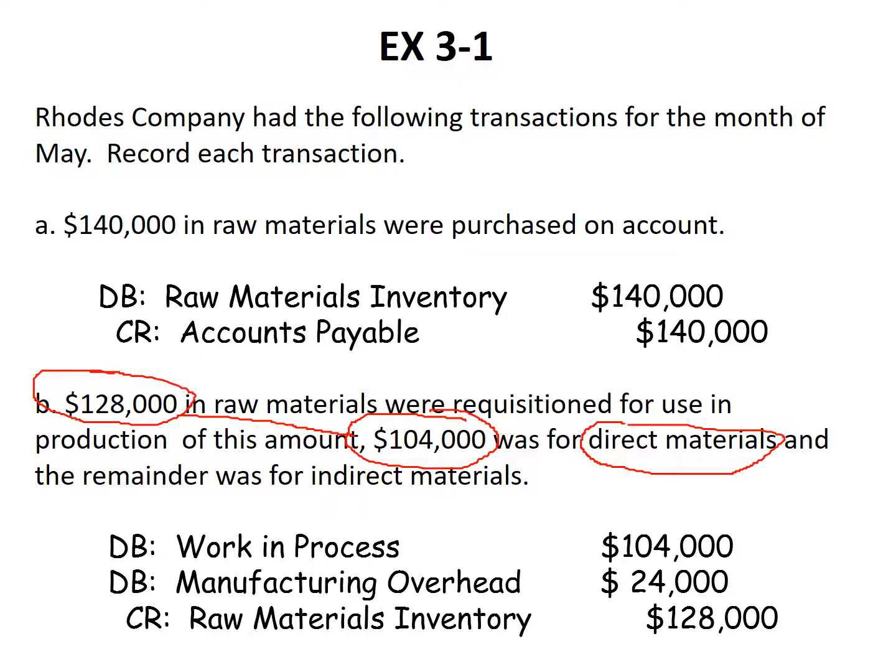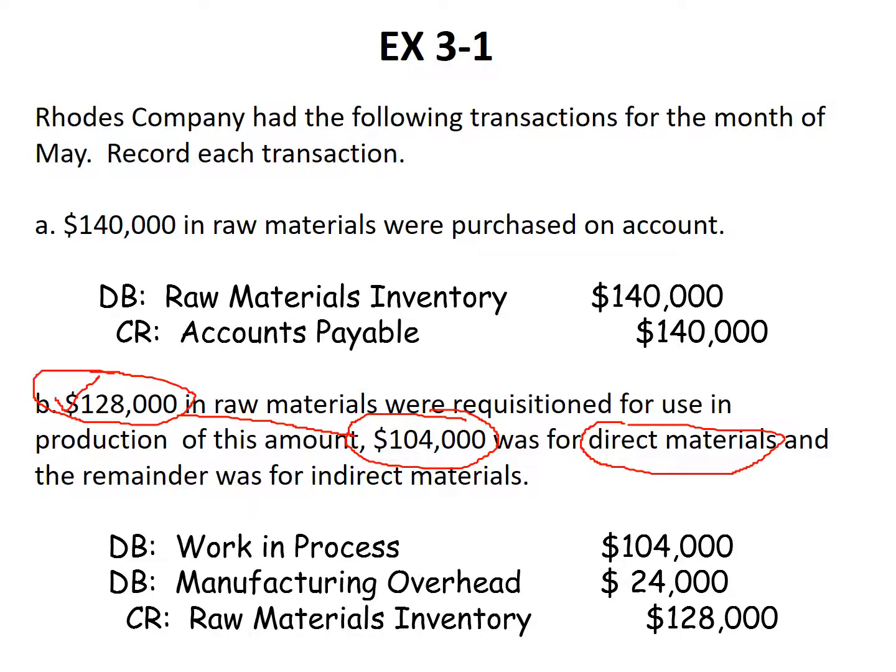That's the $24,000, and that represents the raw materials that were taken out of raw materials and used as part of manufacturing overhead. And the last amount is the credit to raw materials inventory, which represents the amount of raw materials that we requisitioned out of inventory.